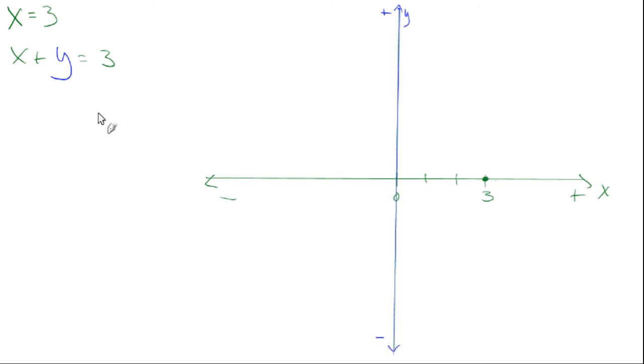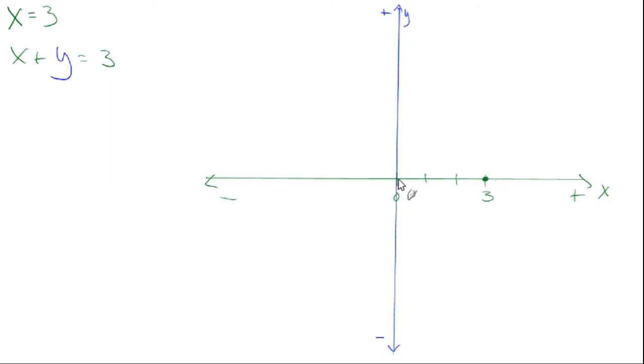So if we want to graph all the solutions to this equation, well, x could still be 3, y would just have to be 0. And this is what we would put as the 0 for y. So yeah, x is 3 and y is 0, and so that totally works.